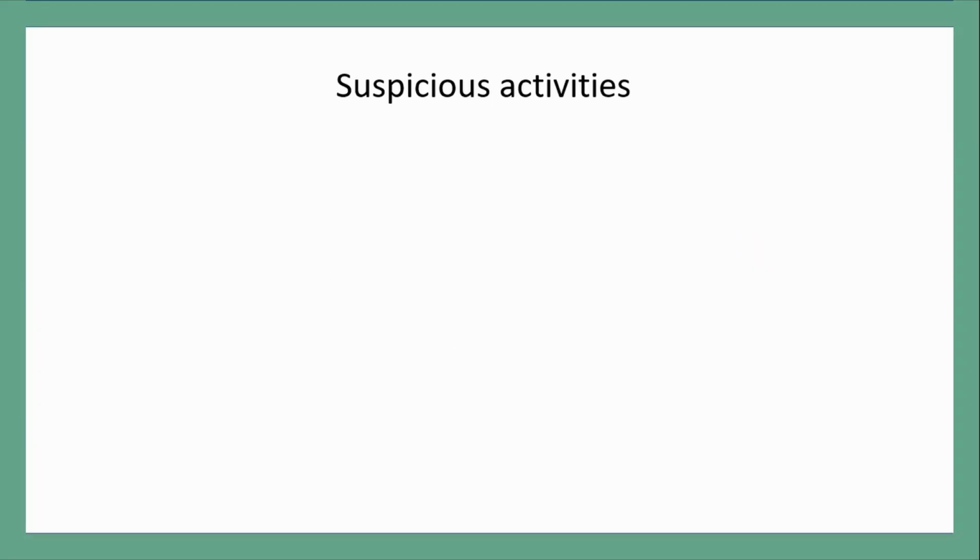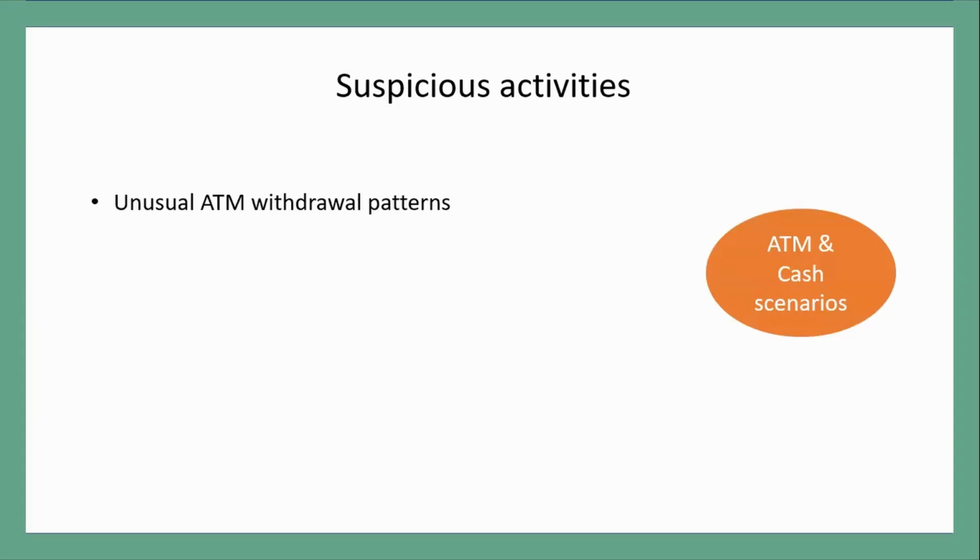So next category is ATM or cash scenarios. So if ATM withdrawal pattern changes, the customer normally withdraws very small amount, let's say 1,500, 2,000, 2,500, and suddenly you see the withdrawal happening for 15,000 or 25,000, which is the maximum limit for that card, then it becomes suspicious.